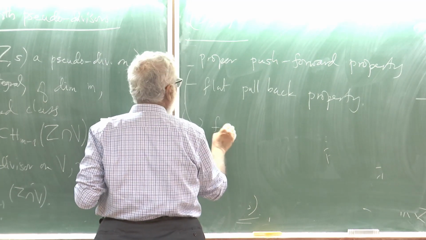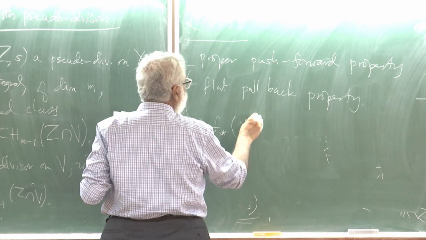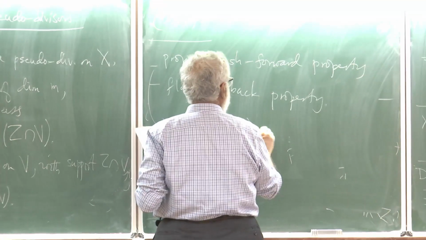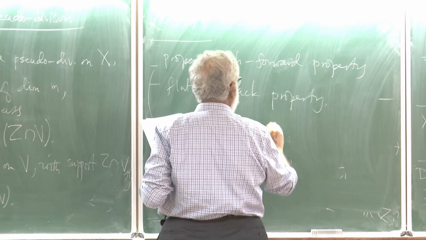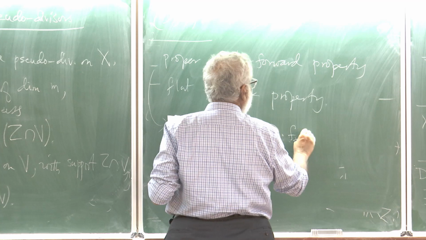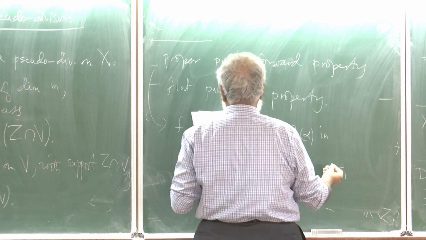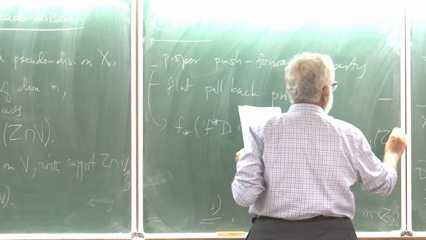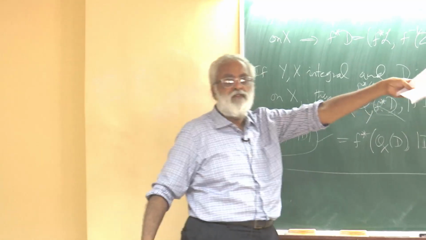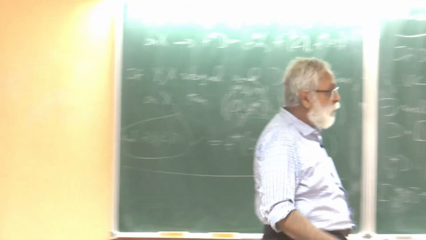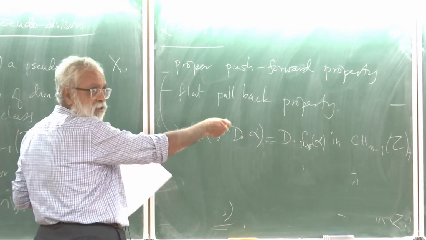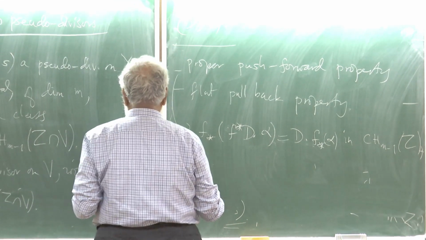It will say f upper star D dot alpha is equal to D dot f lower star alpha in Chow M minus 1 of Z, for example. Z is the biggest thing in which everything can live, so for example it's true there. If you could improve the Z to something smaller, there also it will be correct, but I'm just writing the typical form.